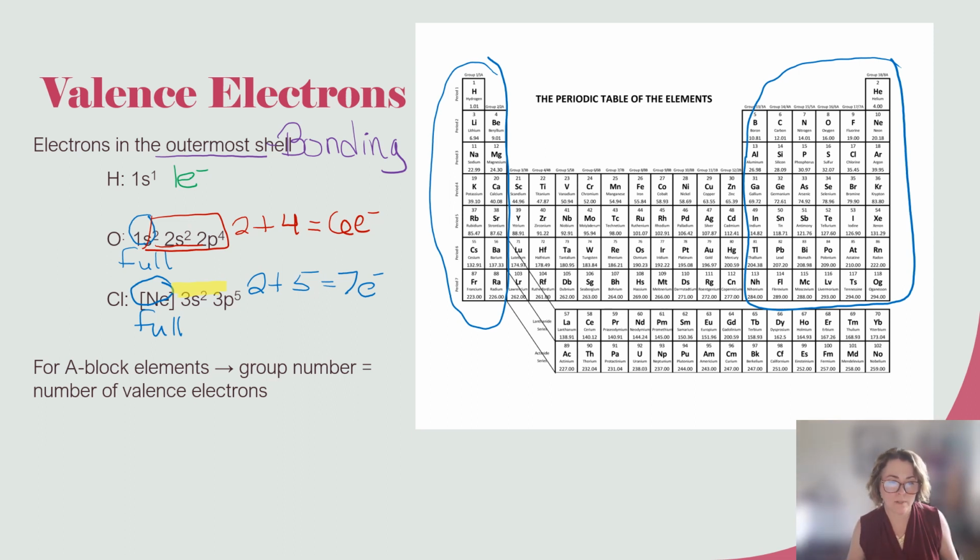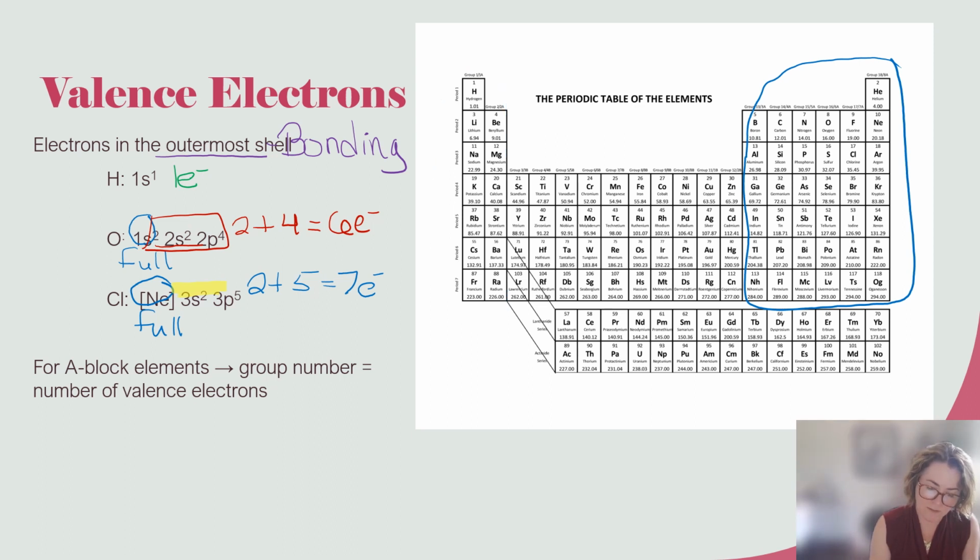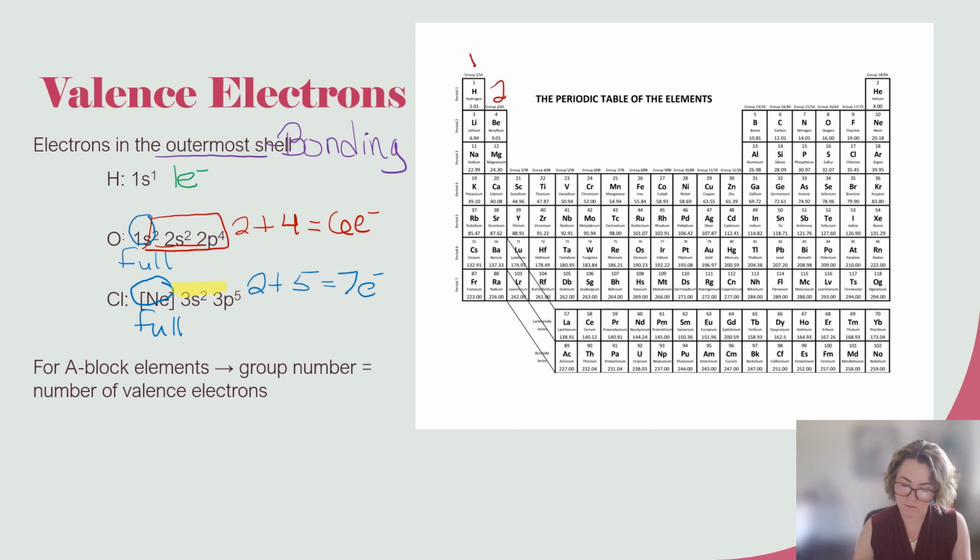For those elements, the group number is equal to the number of valence electrons. So, you just have to love that every so often something in chemistry is super straightforward. So for everything in group 1, you have 1 valence electron. For everything in group 2, you have 2 valence electrons.